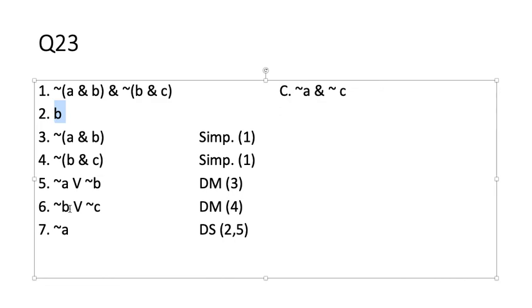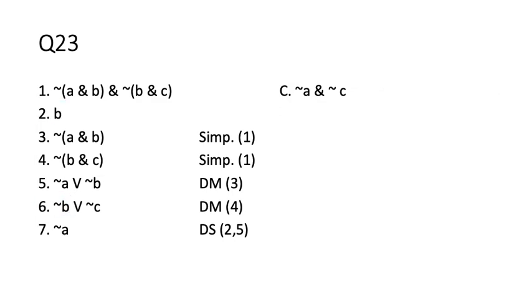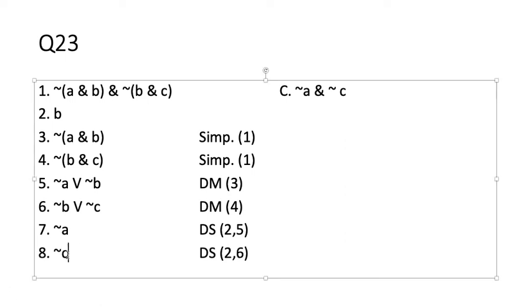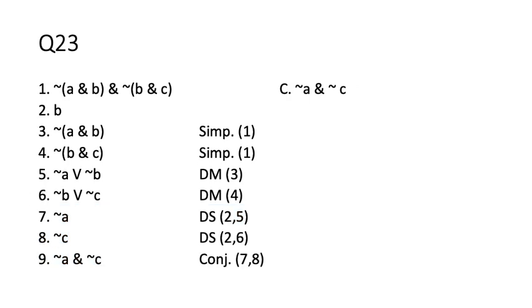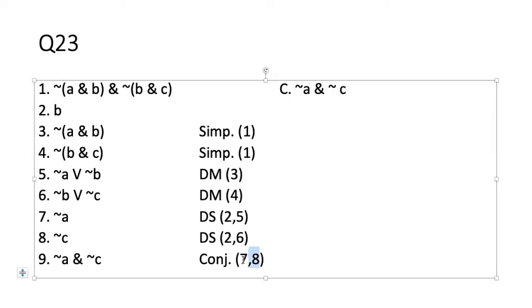I have B and then I have not B here. So I can do disjunctive syllogism to get not C. Nice. Now I have the raw materials for my conclusion. Not A and not C. Conjunction on 6, 7, and 8 to get my conclusion.